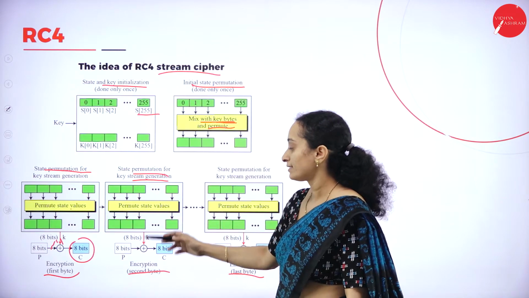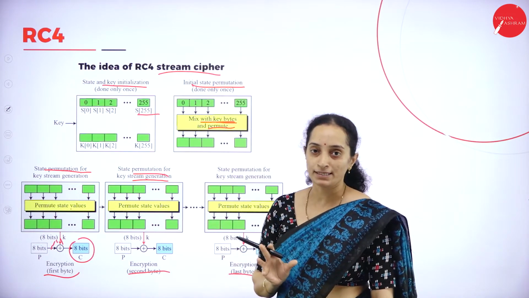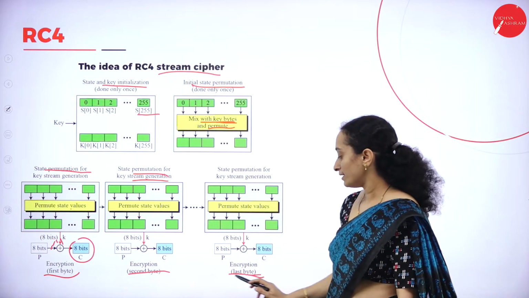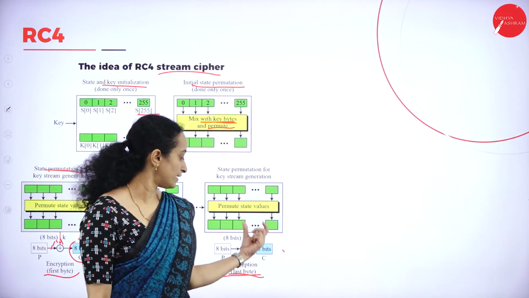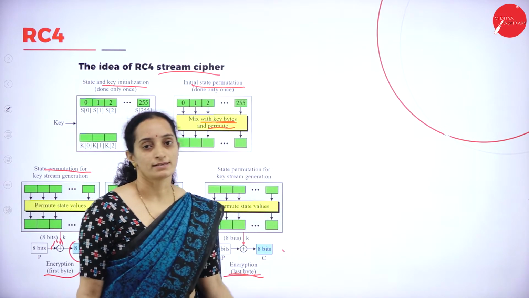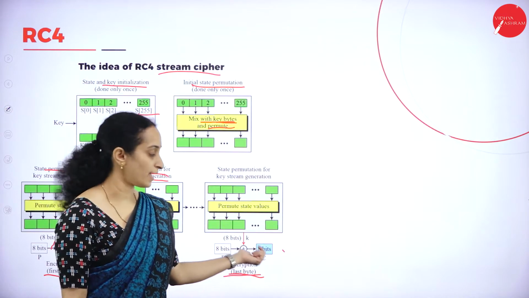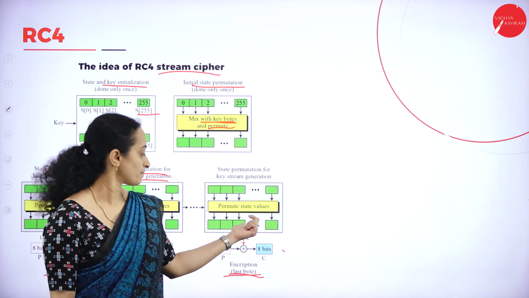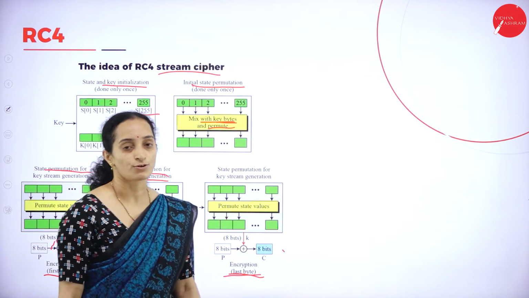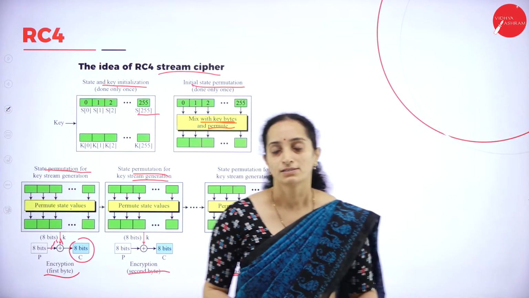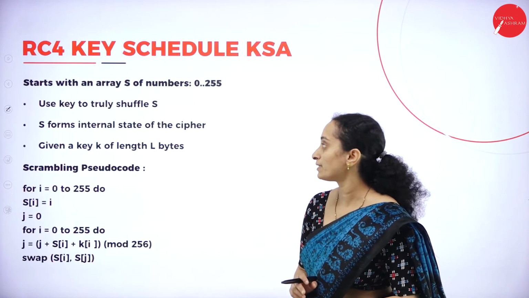Then every step for the plain text is taken with only 8 bits. 8 bits is encrypted at a time, and the last byte will take the permutation and mixing and gets the XOR operation done with the 8 bits of the plain text combined with the 8 bits of key to generate 8 bits of cipher text. So this is how RC4 uses the stream cipher method.